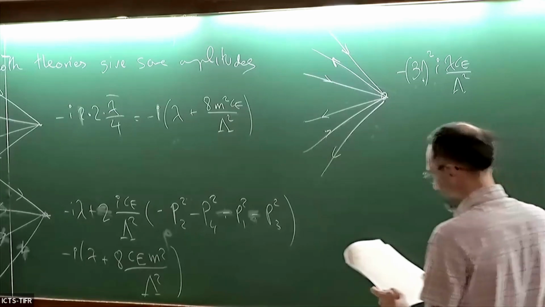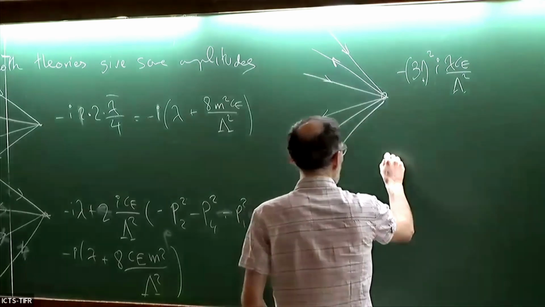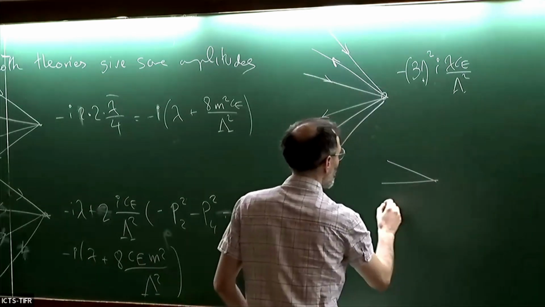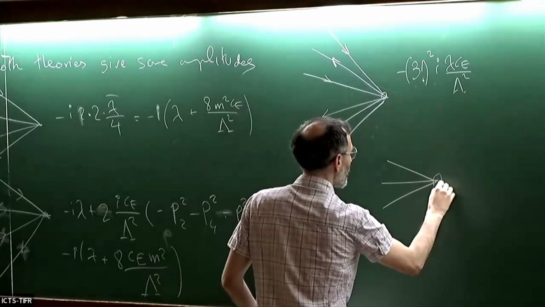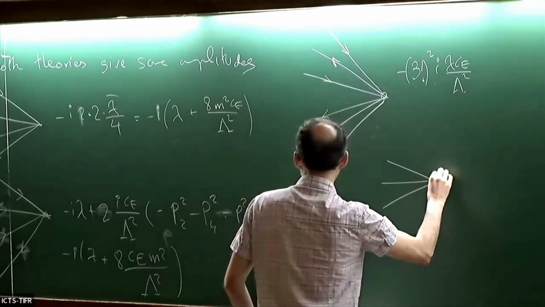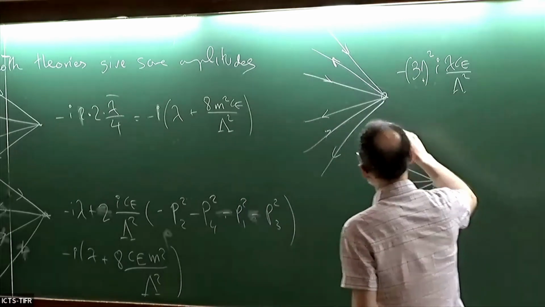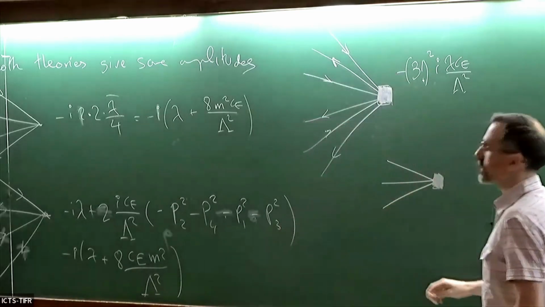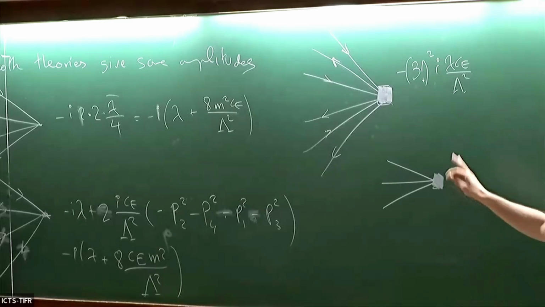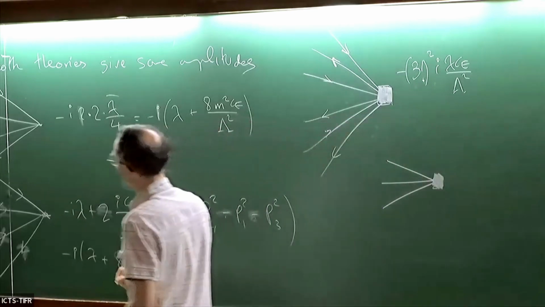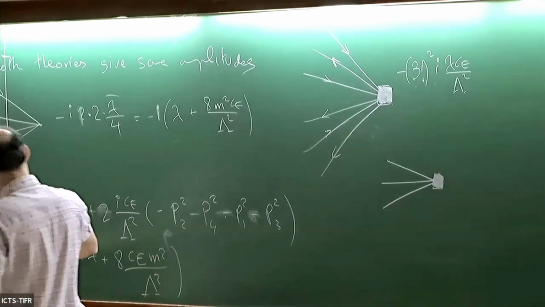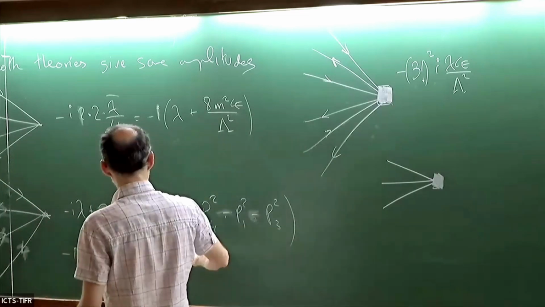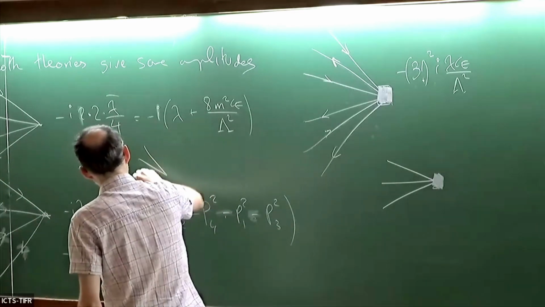Well, maybe I can fit it in here. For the other theory, I'm going to keep with this convention throughout: any higher dimensional operator insertion is going to have a box in it, a big box, to distinguish it from renormalizable terms. So this term has a box, and that term will have a box.